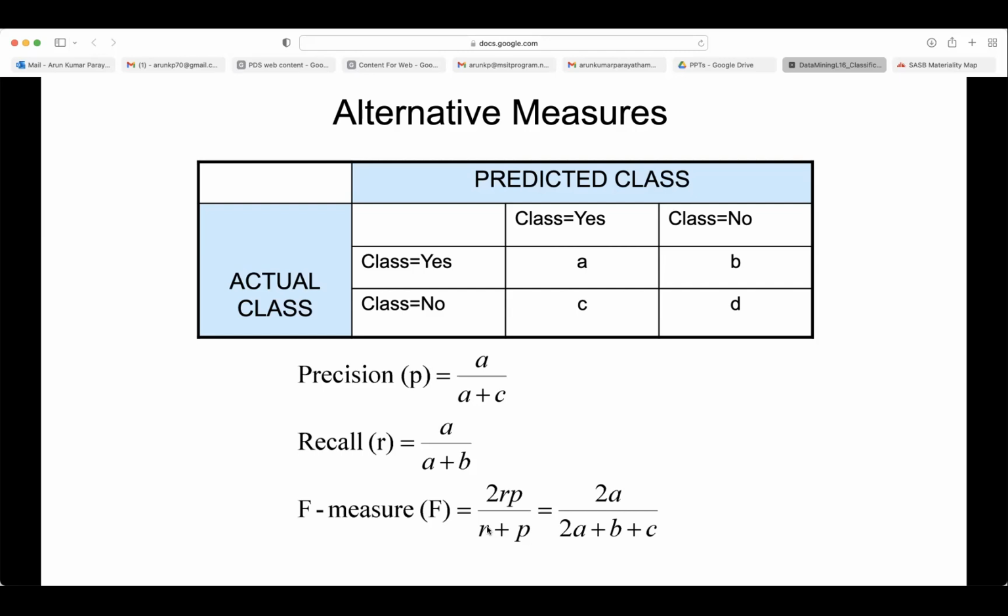But with R equal to 0.8, even if you add P, it still remains about 0.8. So the denominator will not be reduced drastically if one value is small, but the numerator is drastically reduced. That's why even if one value is small, F measure will become small. Is it clear? Yes, clear. So even if one of precision or recall is small, F measure will become small.